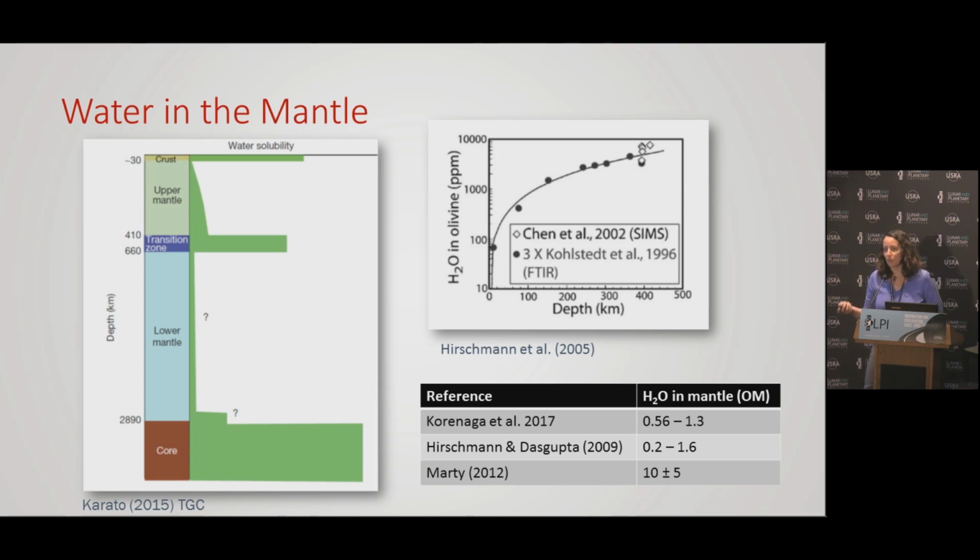For the total amount of water in the mantle, here's a couple of recent references where people have tried to assemble information on basically the silicate sources within the mantle. So these are looking at how much of the mantle is going into the sources that are making mid-ocean ridge basalts or ocean island basalts like Hawaii and Iceland. The ocean island basalts are probing sort of the lower mantle, whereas the mid-ocean ridge basalts are probing the upper mantle.